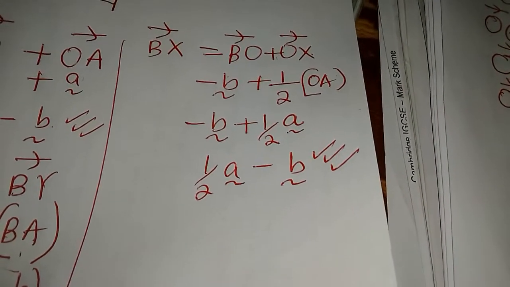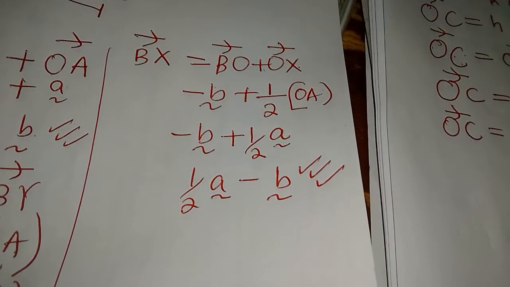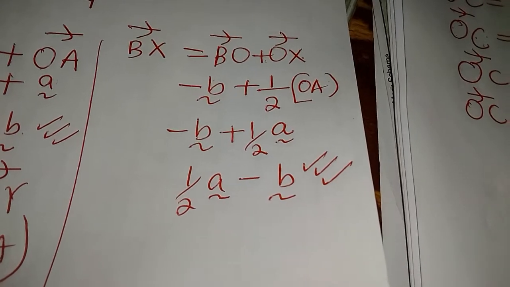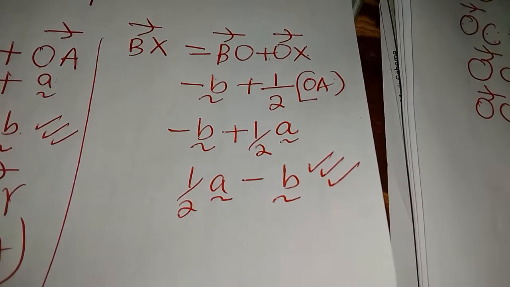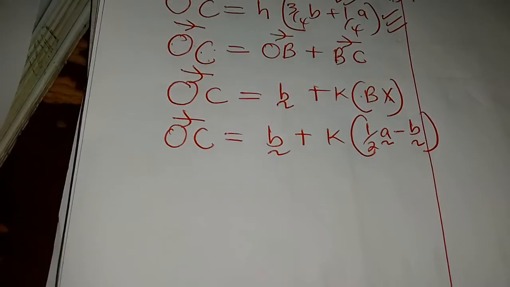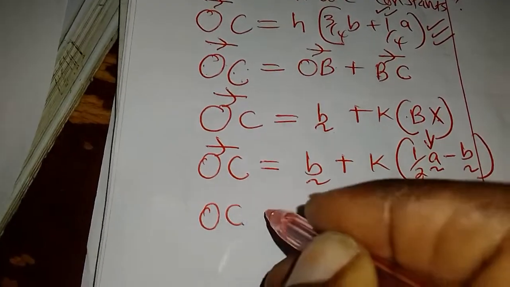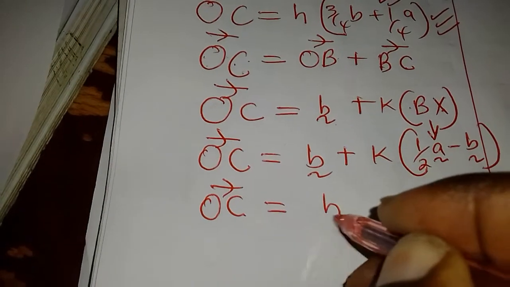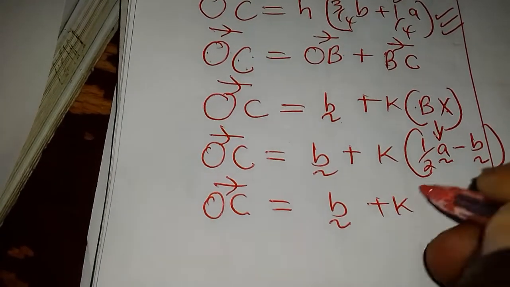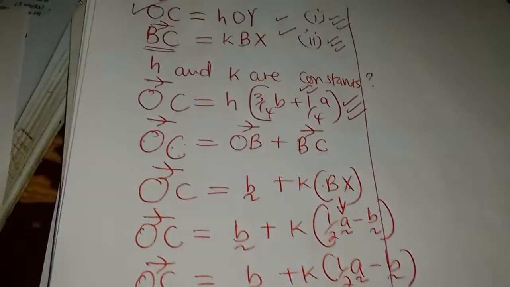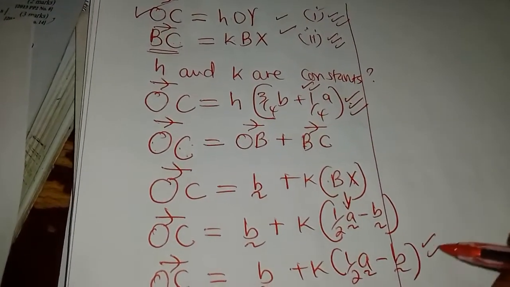We got BX here, it is a half A minus B. That is BX. So I'm going to have OC vector as B vector plus K into a half A vector minus B vector.